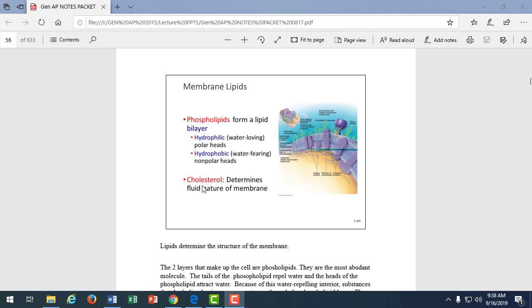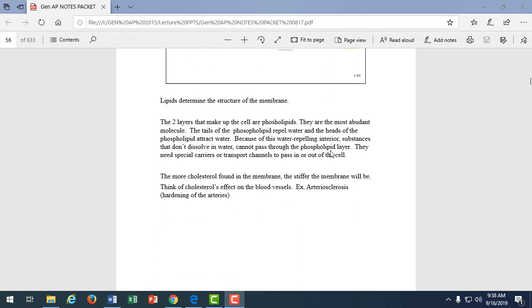And then cholesterol stiffens the membrane, so remember, that was embedded in our membrane, those little yellow structures embedded in the fatty core. That stiffens the membrane. So when we talk about the plasma membrane being made up of two layers, that's those phospholipid molecules. And again, the tails repel water and the heads attract.